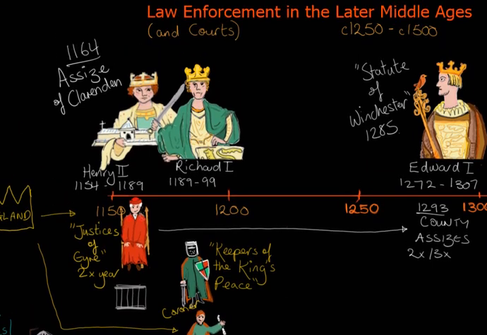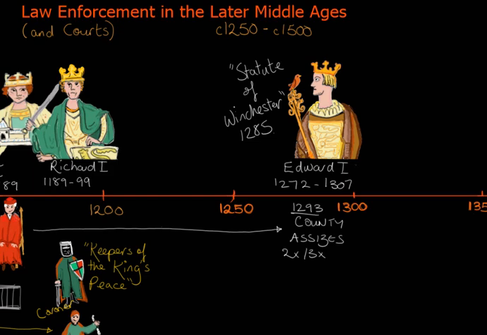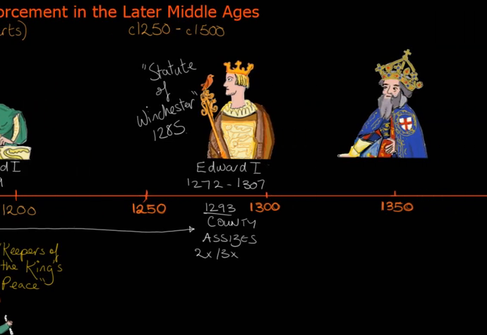Finally, there are a few changes that are introduced by his grandson, who is over here, whose name is Edward III. And he is king from 1327, of course, to 1377, so quite a long reign.